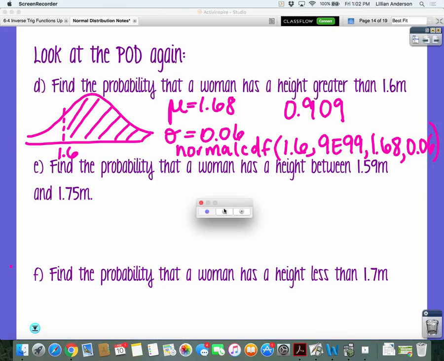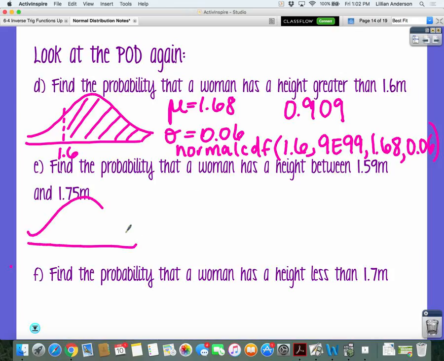It says find the probability that a woman has a height between 1.59 and 1.75. Are either of those numbers on our standard deviations? No. So this time you're looking for 1.59, 1.75, everything between.